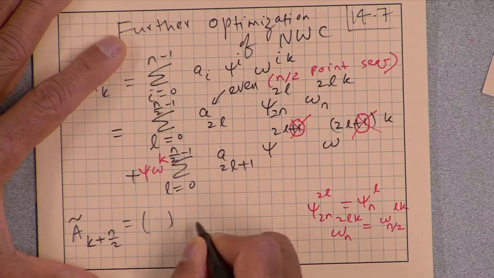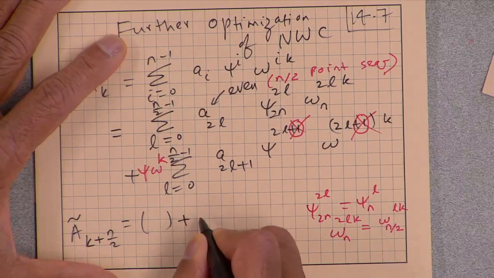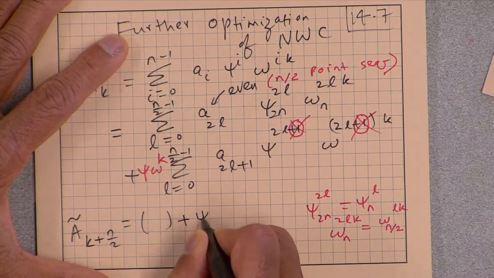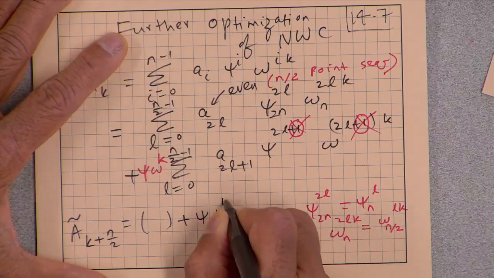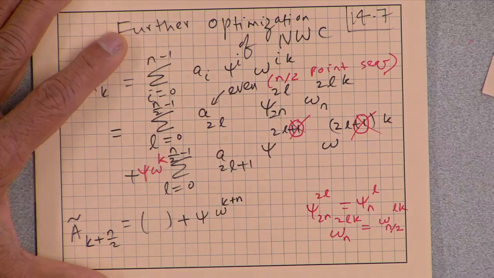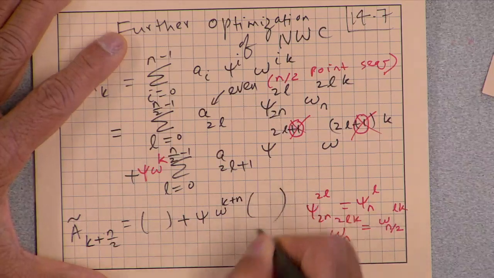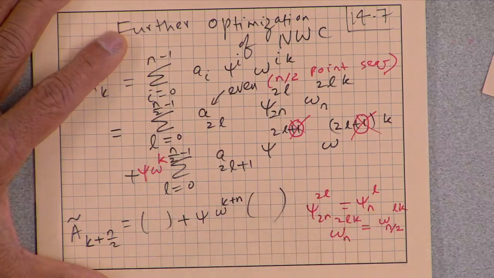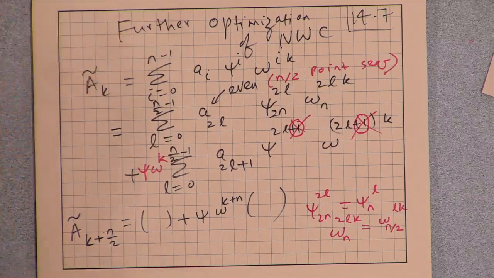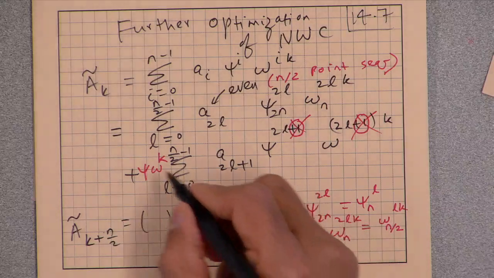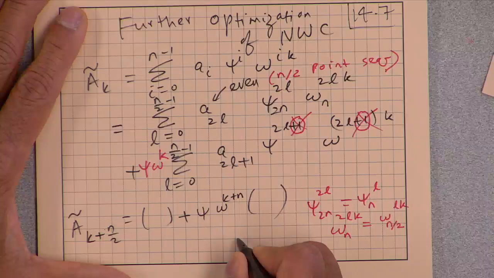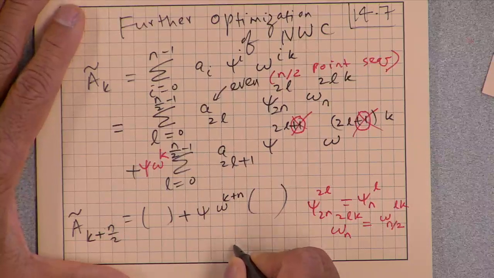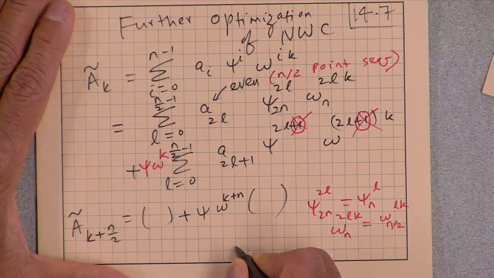The next sum is going to be psi times omega to the power k plus n, times something else, and that omega to the power k was here, and that omega to the power n, something doesn't seem right.